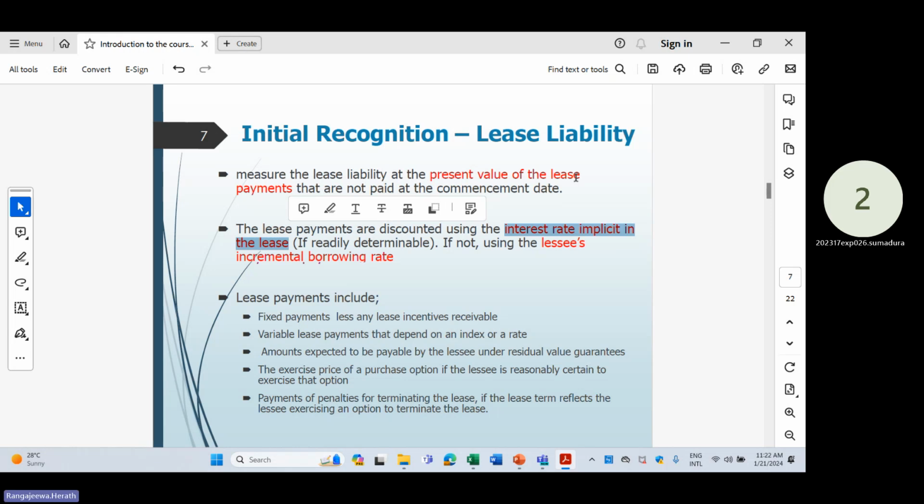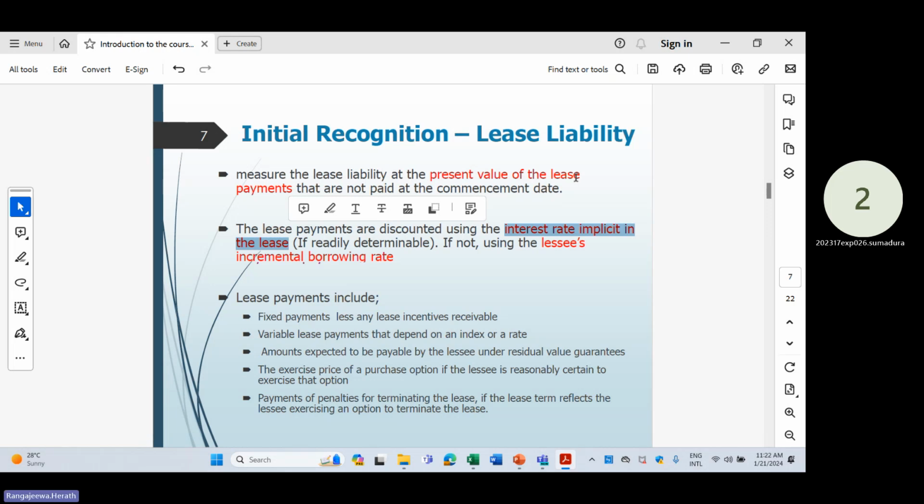From the lessee's perspective, we are not using that classification. So from the lessor's perspective, you can classify leases as finance lease and operating lease. In a finance lease, the interest rate implicit in the lease is there, so you can use that interest rate to discount. In a question, you will be given the lease interest rate.